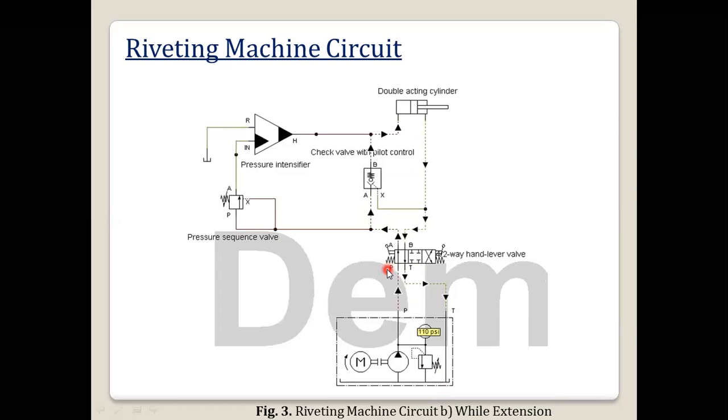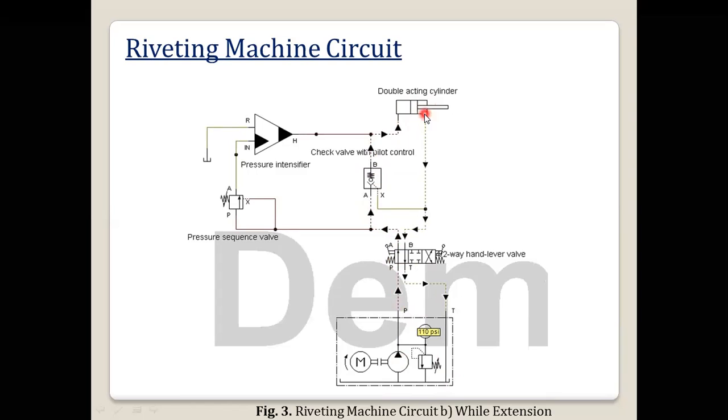Okay. Then in the second position, you can observe when this cylinder is extending, that is in the forward stroke. Initially, for the rivet head, it will move very fast. At that time oil will be flowing through this pilot operated check valve, then to the piston side.